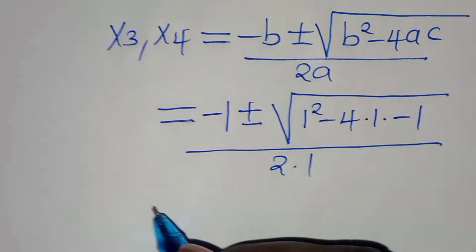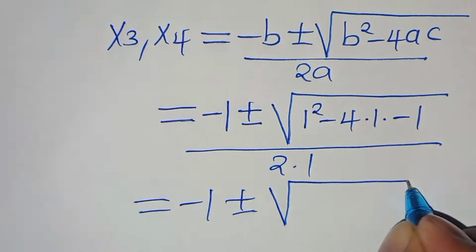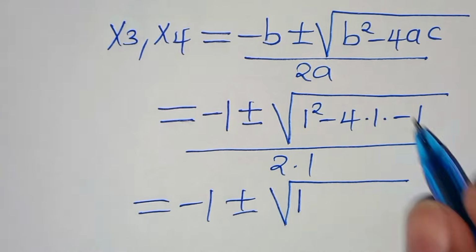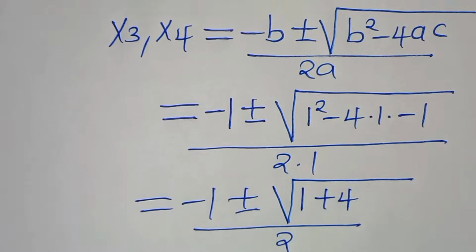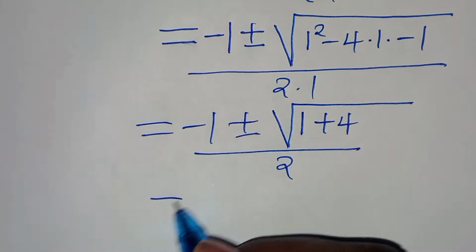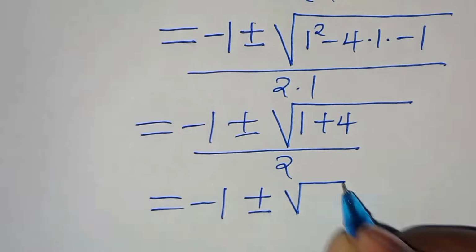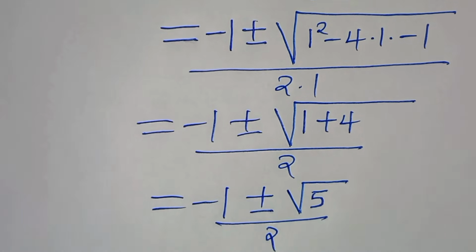Now this is equal to minus 1 plus or minus the square root of 1 squared, this is 1, minus 4 times minus 1, this is plus 4, then divided by 2. So now here we have minus 1 plus or minus the square root of 1 plus 4, which is 5, divided by 2.